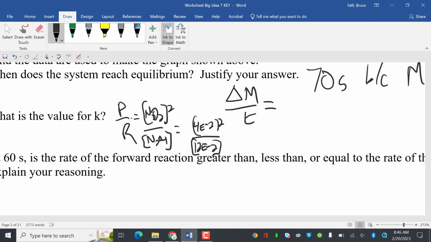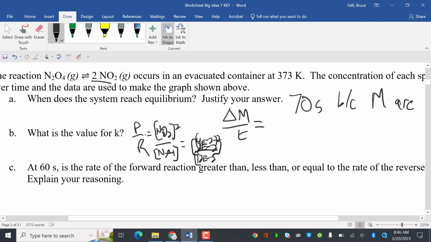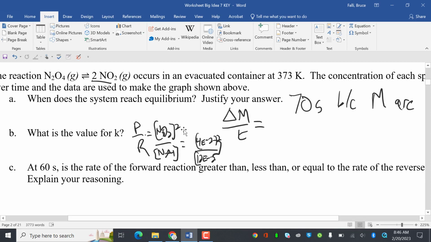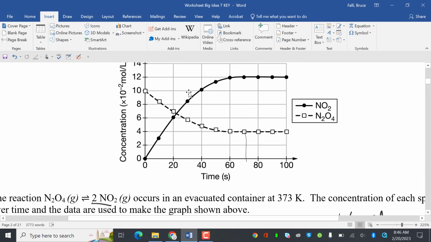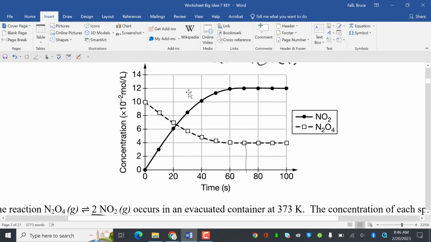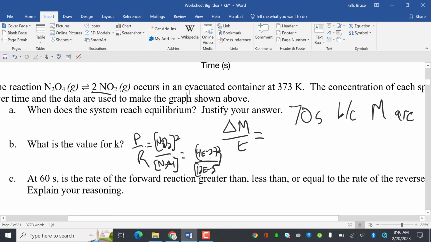Let me just make sure that's right. I think I might have them flipped, because usually you end up with more products than reactants. And that is true. NO2 is 12 squared, N2O4 is 4 squared.